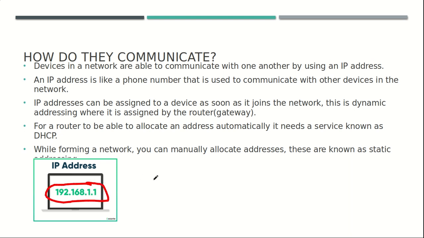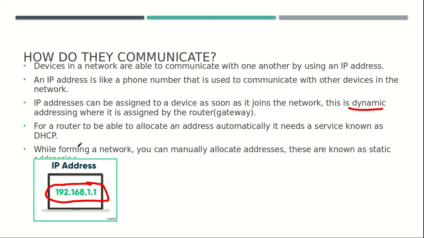As soon as you join a network, either wirelessly or wired, you're going to be assigned an IP address, depending on the setup of the network though. But by default, if you set up something as simple as a Wi-Fi network, you are bound to get assigned an IP address. That's what is known as a dynamic address, where it is dynamically set for you.